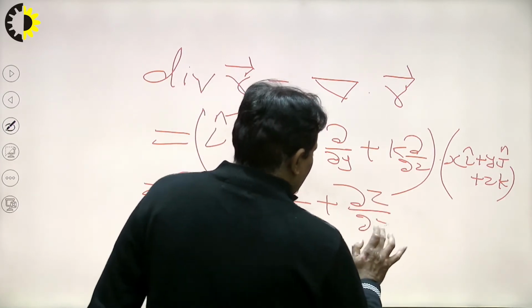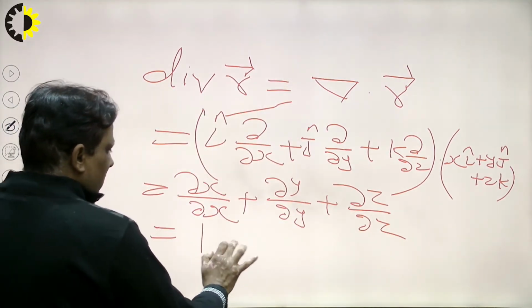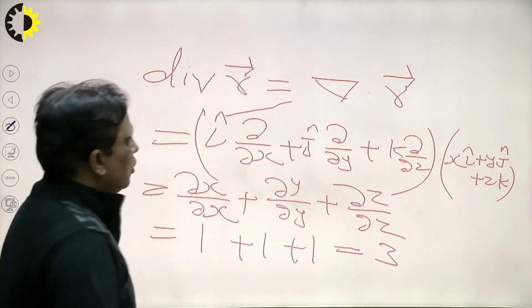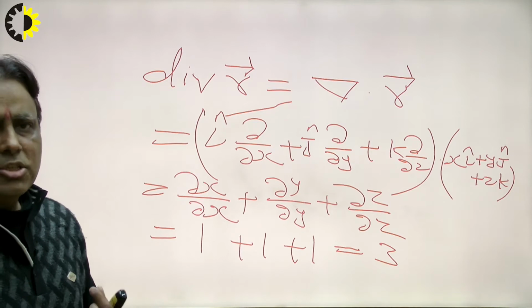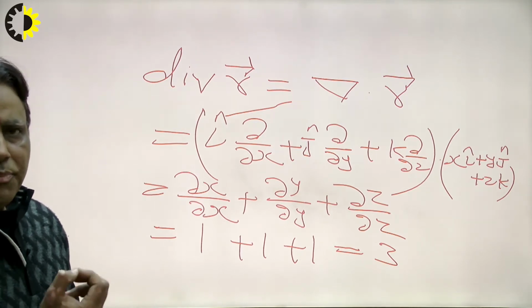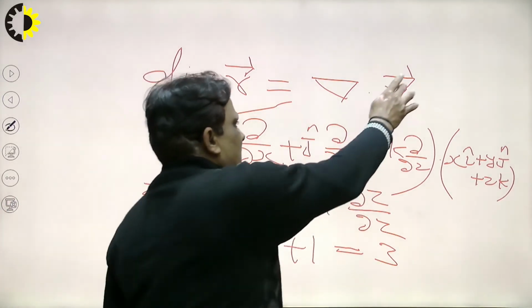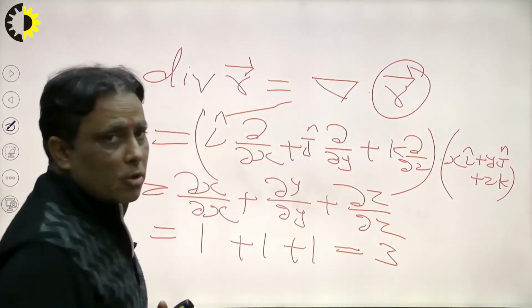What will be the result? 1 plus 1 plus 1, answer is 3. So in this way we can calculate divergence of a vector point function, if P is a moving particle in space whose radius vector is r. So this will be the result of this problem.